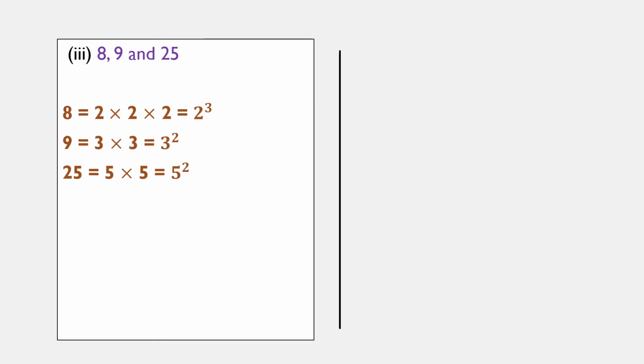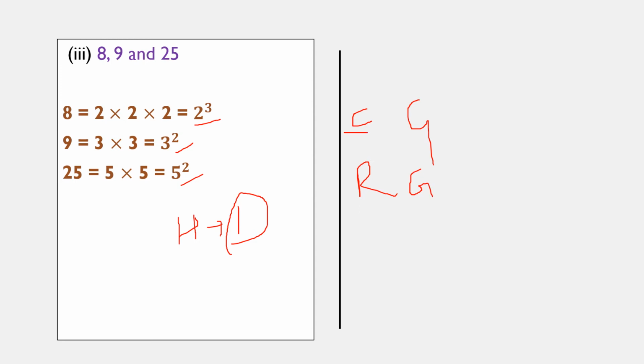Now HCF. See children, what is the HCF here? Here 2 cube, 3 square, 5 square. There is no common thing here, right? So the HCF will be 1. If there is no common factor, then you should write the HCF as 1. Now what about the LCM? I told you, common greatest and remaining greatest power. From the common things nothing, because there is no common thing.